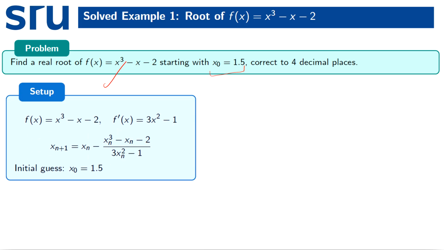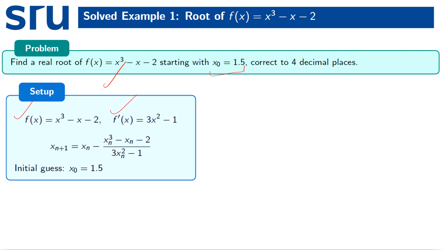First, we write the function and its derivative. The derivative of x³ − x − 2 is simple: it is 3x² − 1.